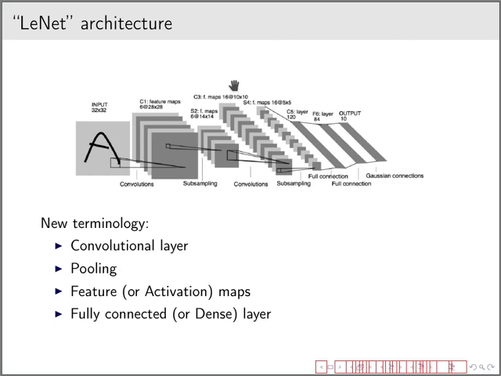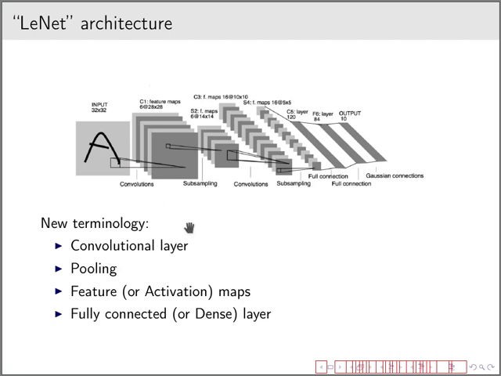A convolutional neural network has layers that are responsible for performing convolutions on the input image with filters that are going to be learned, not defined manually as we did in our lectures about image filtering.